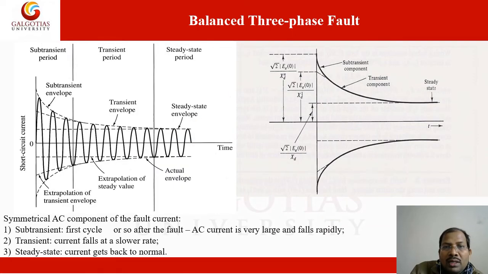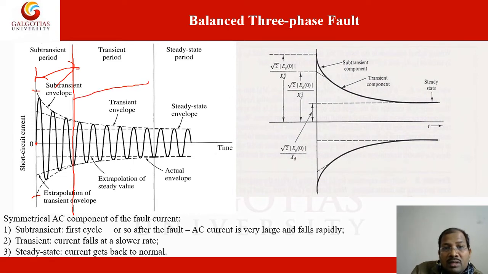Now come to the different classifications. Suppose a three-phase fault occurs at the terminal of the generator. In this condition we get this form of current, and there are three segments. This first period is called the subtransient period, and the reactance offered by the generator is called the subtransient reactance.